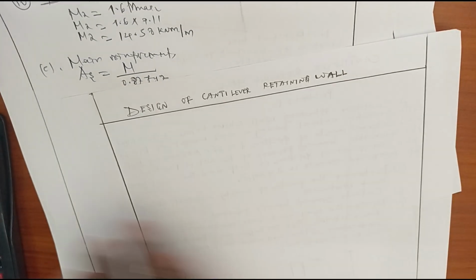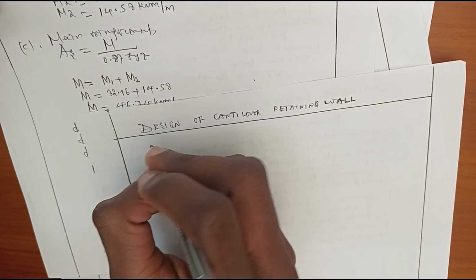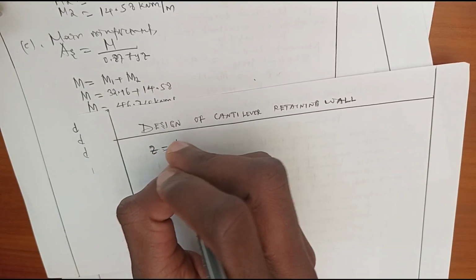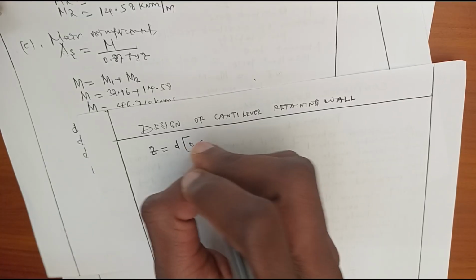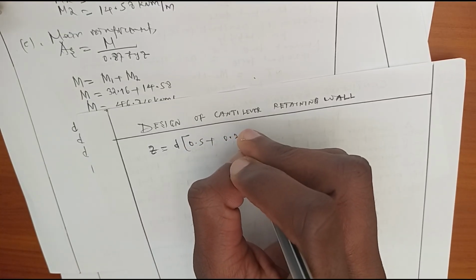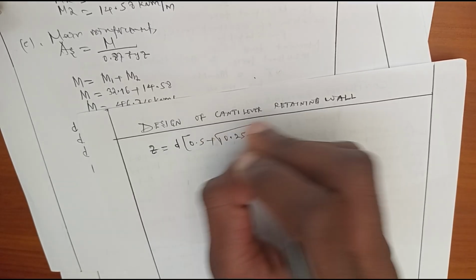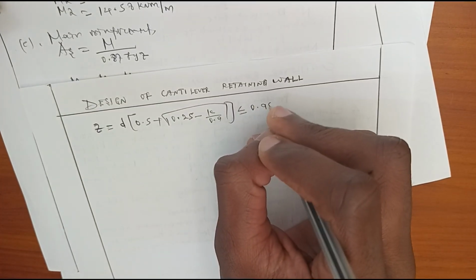Now let's go direct to the formula that will give us the value of Z. The value of Z is obtained by taking effective depth times 0.5 plus the square root of 0.25 minus K over 0.9. This should be less than or equal to 0.95d.